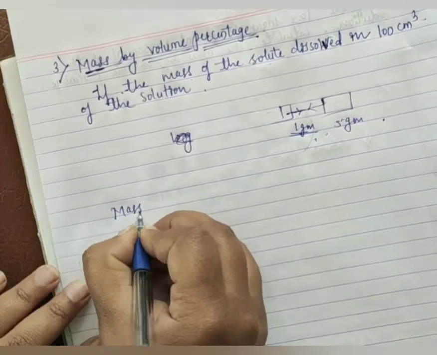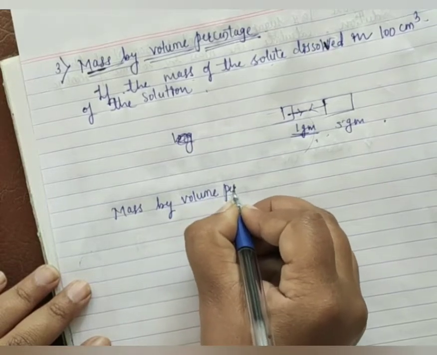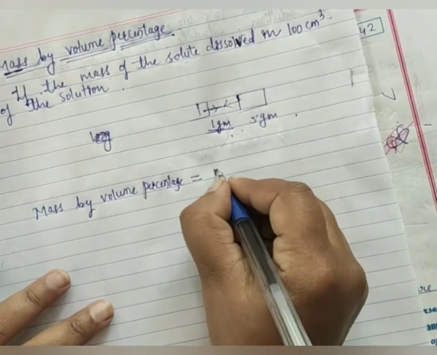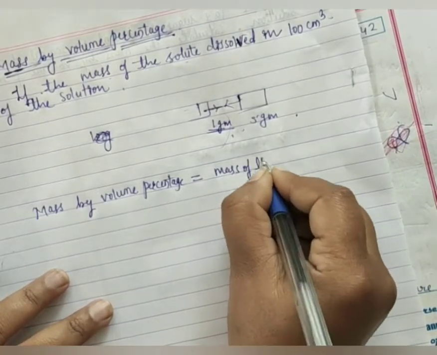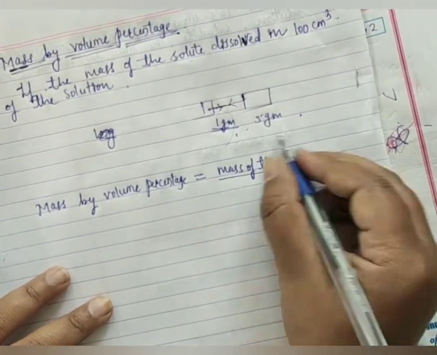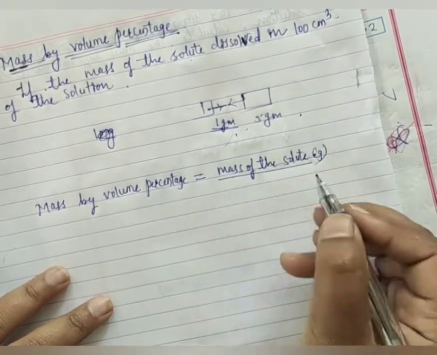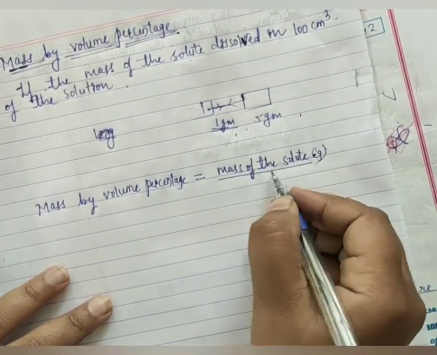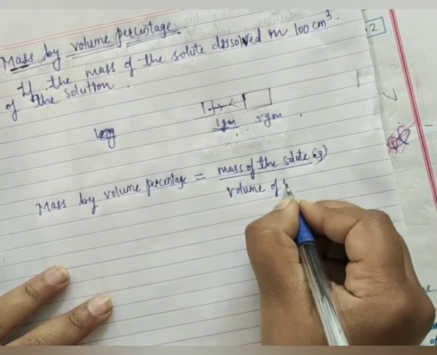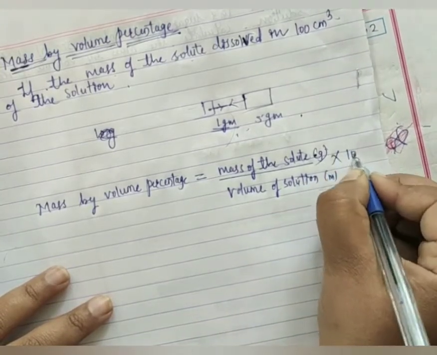Mass by volume percentage is equal to mass of the solute, which they will give in the form of gram, mass or weight of the solute, divided by volume of the solution, which is given in the form of ml, into 100.